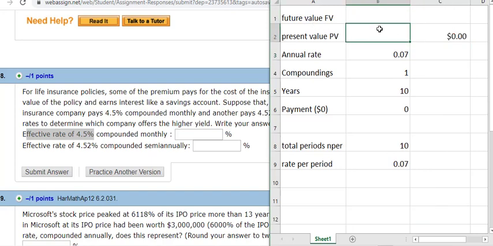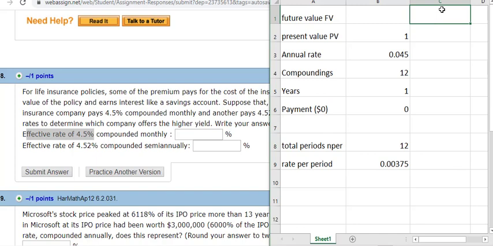I want to find the future value on a present value of $1 at 0.045 per year, but compounded 12 times monthly. I only want to go for 1 year, no extra payments. My total number of periods matches 1 year's worth of compoundings because I go for 1 year. And then my rate per period would be 4.5% divided into 12 equal pieces.